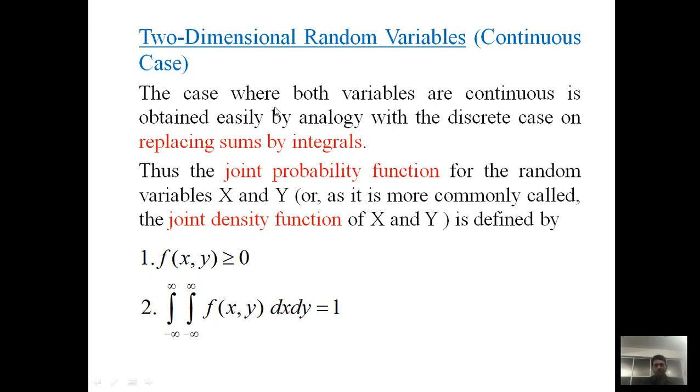The case where both variables are continuous is obtained easily by analogy with the discrete case, on replacing sum by integral.